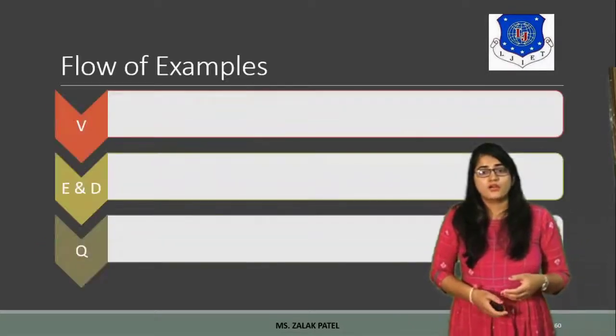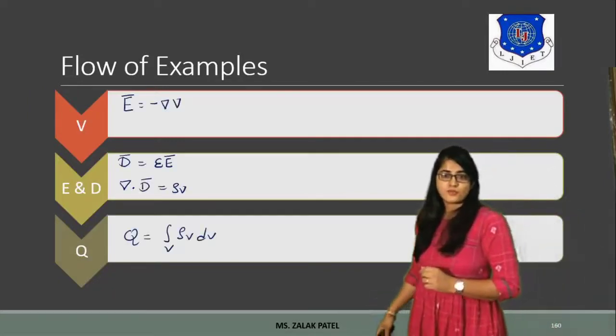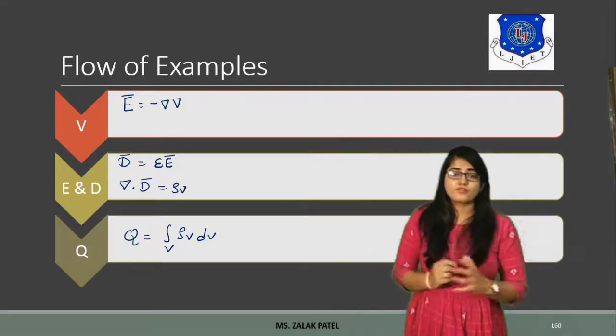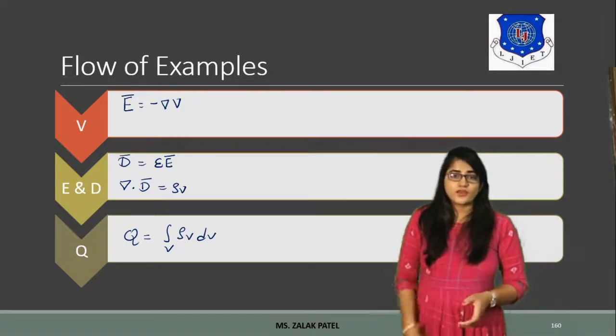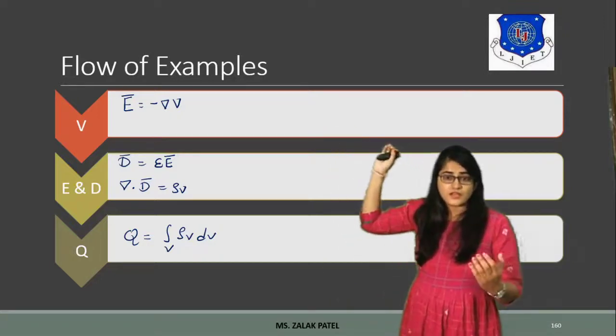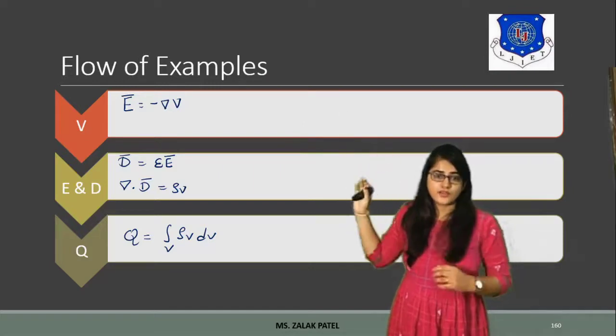Okay. Now, for solving examples, you can follow this type of flow. First, if the potential is given and you have to find the charge Q, then you have to do one thing. You first find the electric field intensity from the given value of potential by taking the gradient of it.